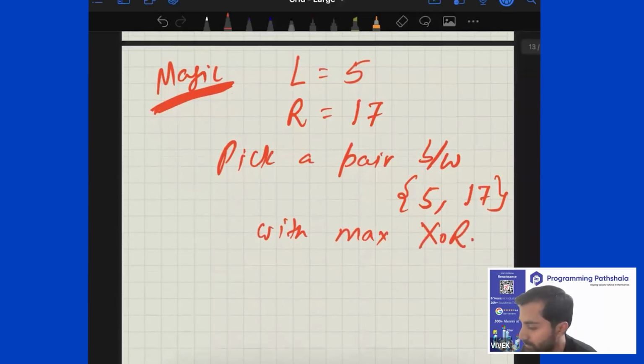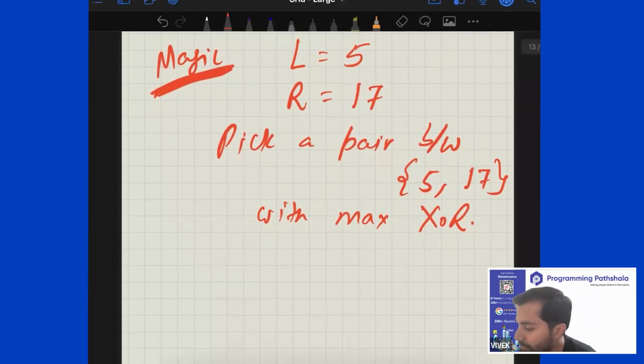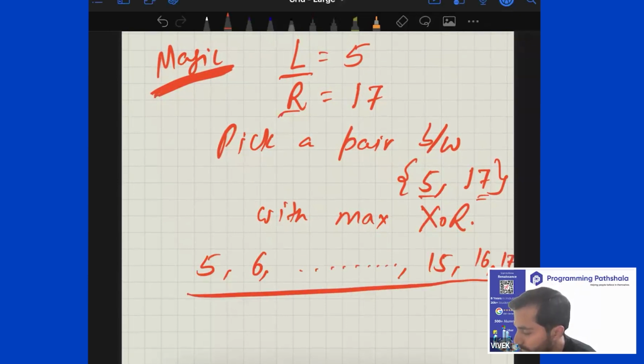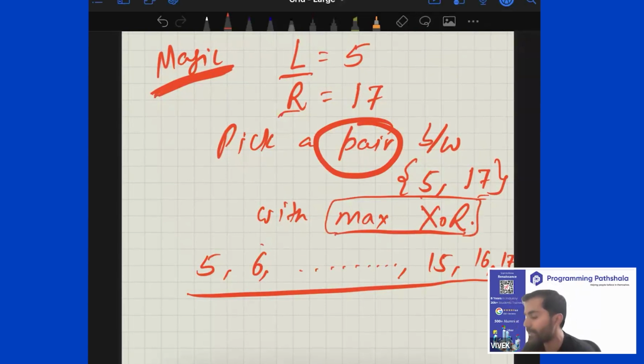So what the question means is that imagine you have numbers from L to R: 5, 6, 7, 8, 9, 10, 11, 12, 15, 16, 17. Out of these numbers, you have to pick a pair of two numbers. It could be anything, maybe 6 or 15 or anything. But you have to pick a pair such that its XOR is maximum. That is what we want.